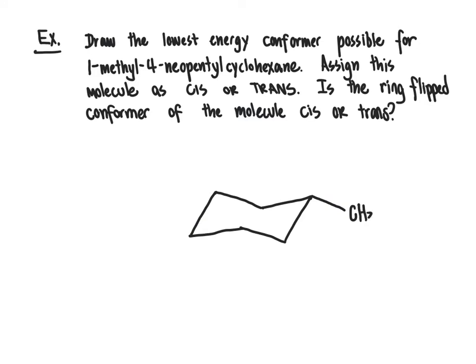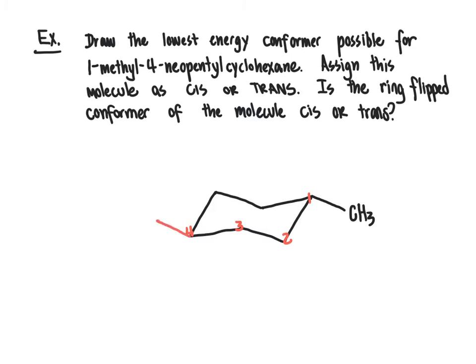If you're having trouble drawing these chair conformations, it'd be a great time to go back and review the tutorial video on drawing chair conformations. So 1-methyl, and then going around the ring, this was position 1, 2, 3, 4. And at position 4, we want to put in our neopentyl group. This would be a good time to remind yourself of what those alkyl group names are, because you are certainly expected to know those.